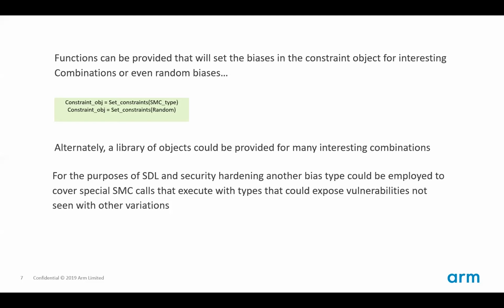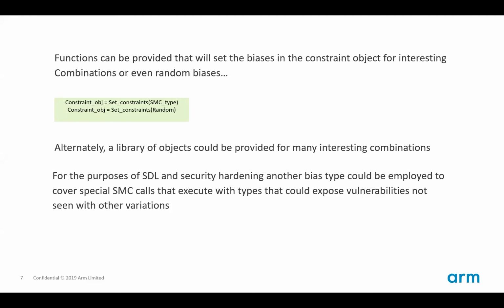So let's say you have a set of SMC calls in your particular platform or implementation that do very specific things. But if you were to go in and say, okay, I want a series of SMC calls that do essentially nonsense, like a hacker would do, just start pounding it with different SMC calls that could mess the system up in some way or expose a vulnerability, I think the fuzzing is an ideal engine to employ for that type of testing.